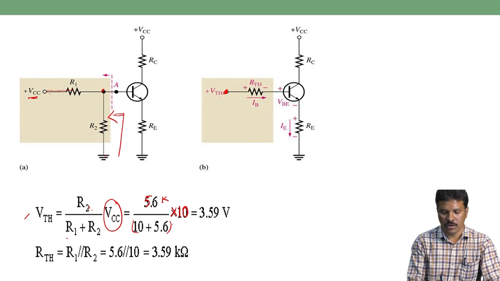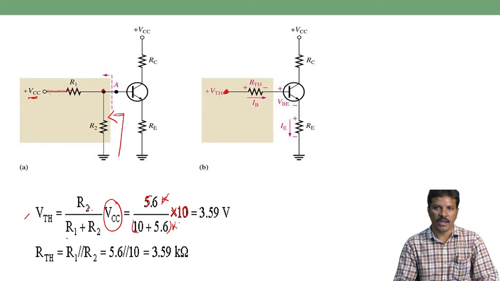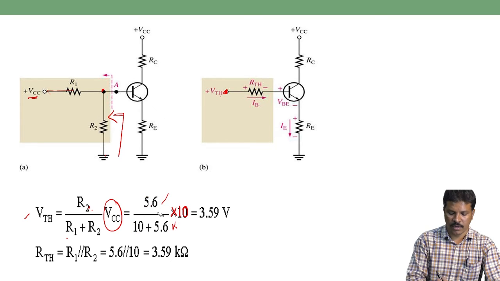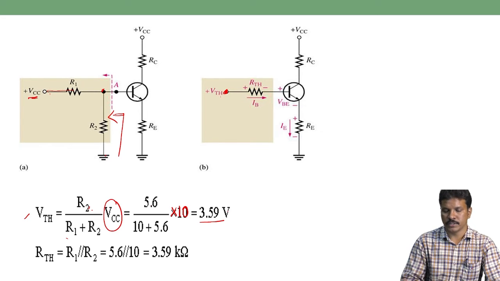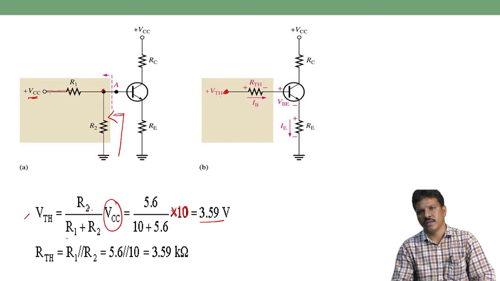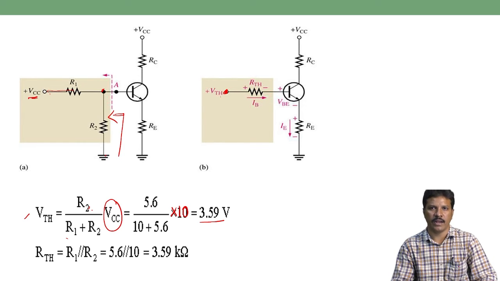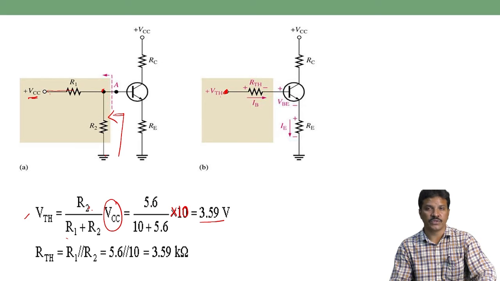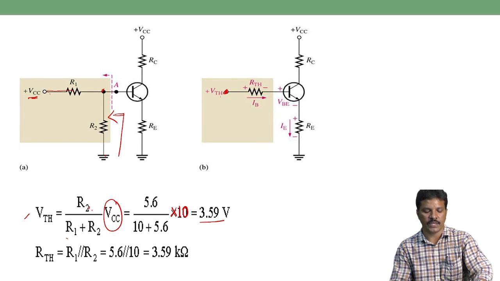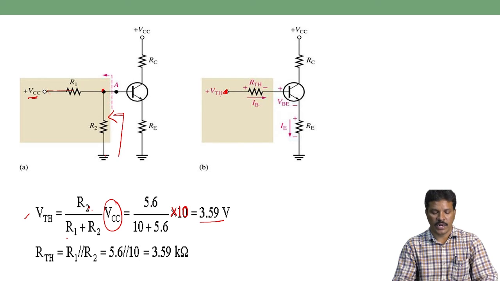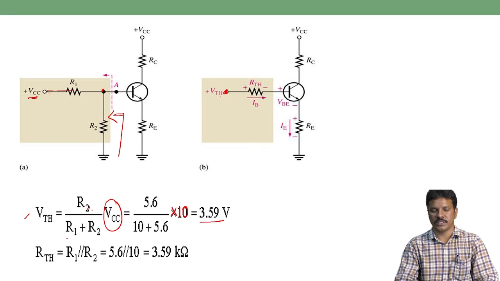The kilos cancel, and you get 5.6 divided by 15.6, which gives 3.59 volts. This is Thevenin's voltage, the voltage across the base terminal, the voltage across R2. When we give 10 volts to VCC, the voltage divider divides the voltage and makes available at the base point with respect to ground, across R2, about 3.59, almost 3.6.